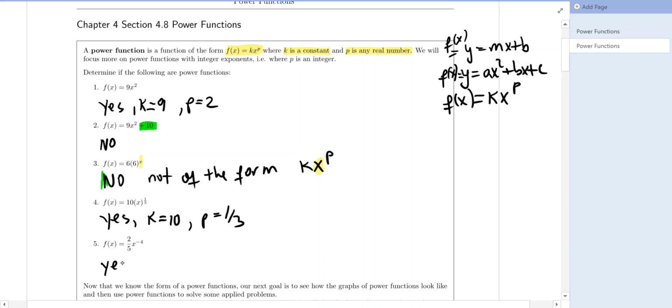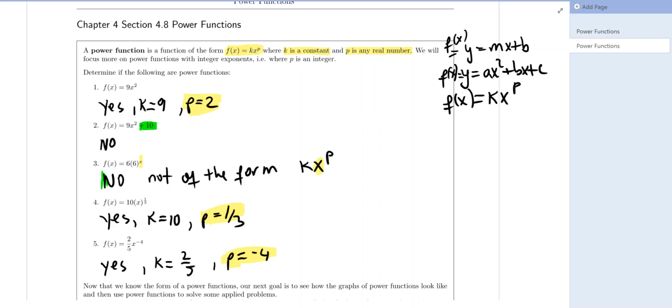Yes, it is a power function with k equals 2/5 and then p equals -4. So you notice that for the ones that are power functions, p was 2, p was 1/3, p was -4. So p basically can be anything, but we are going to look at when p is an integer, positive or negative, like example 1 and example 5.